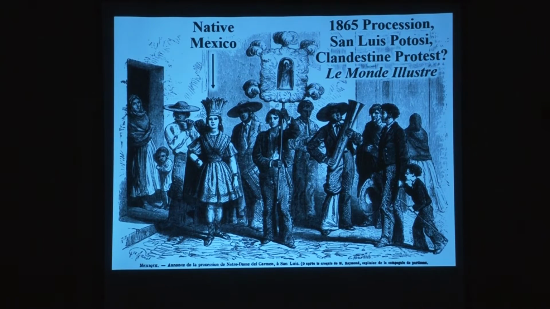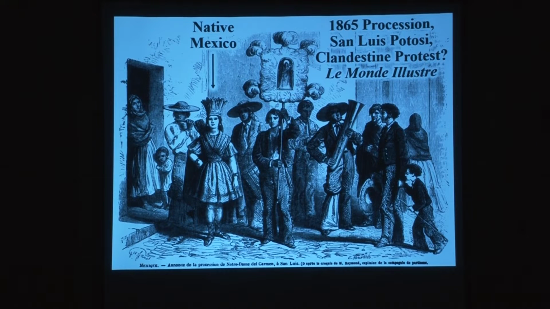And lastly, I'll remind you that this figure actually came alive in the course of some processions and things like that in Mexico. So here we see a procession to the Church of Carmen in San Luis Potosi, which happens to be the town that issued those coins. And who's in it? She is, right? And this is really cool because this procession takes place in 1865.